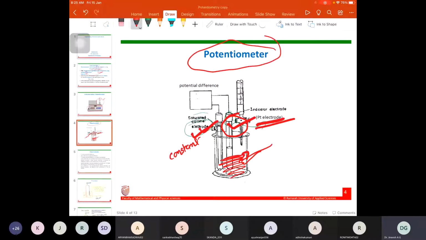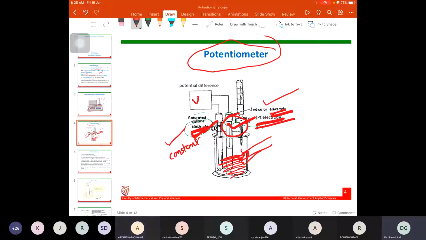How can we measure the potential difference generated in this solution? Easy. Put one indicator electrode, put one reference electrode, connect those electrodes to a voltmeter, then you will be able to get the potential difference. So actually, you are measuring the potential difference between the reference electrode and the indicator electrode. Clear?